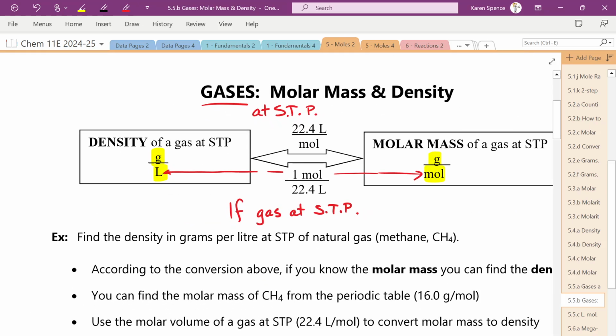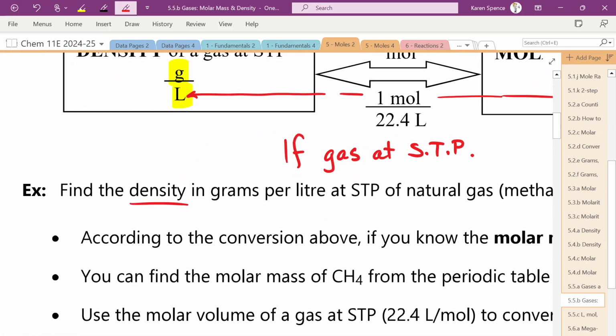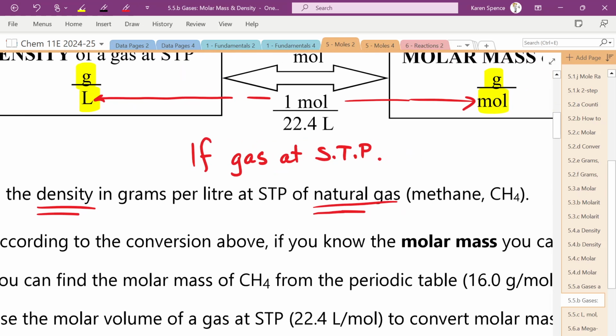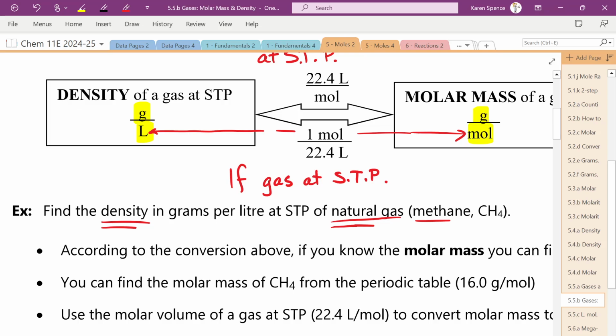Let's take a quick look at the example here. We want to find the density of natural gas, which is methane. Remember, meth contains one carbon, that's CH4. And you might look at that and be like, there's no numbers in that question. How will I find the density?